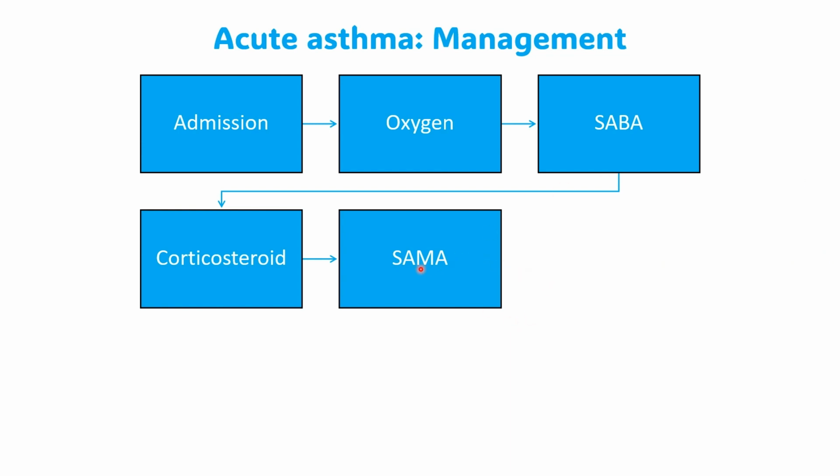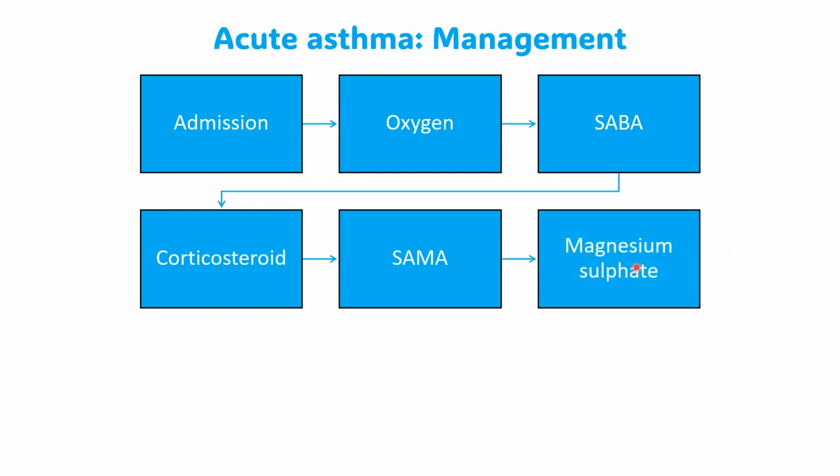This is used when a patient doesn't respond to a SABA as we would like, and we can even use a combination of nebulized salbutamol and nebulized ipratropium bromide, so a nebulized SABA and SAMA combined.